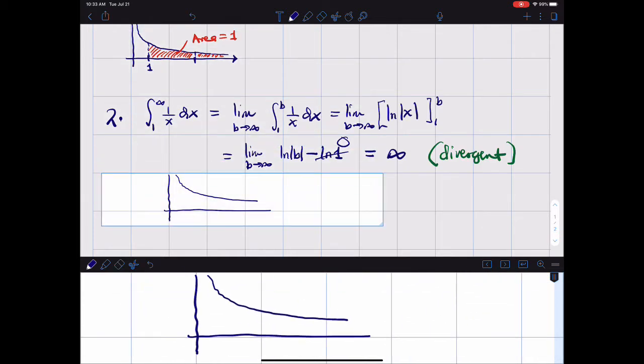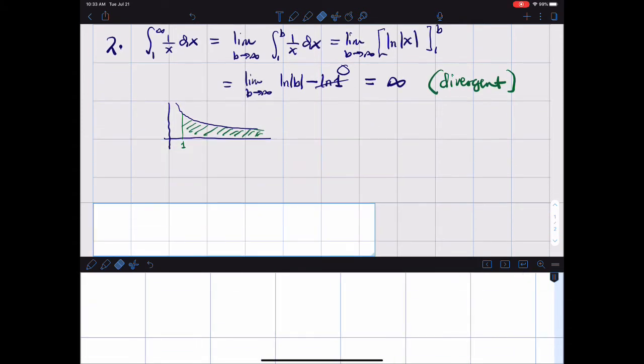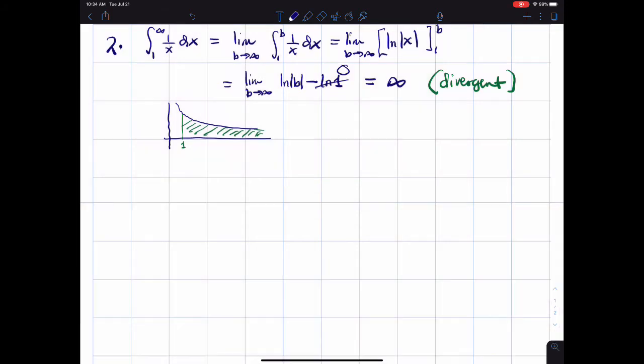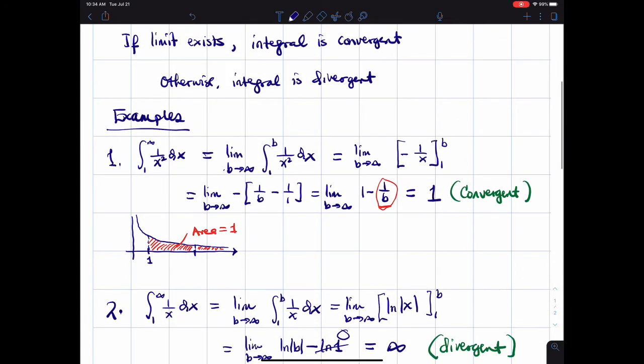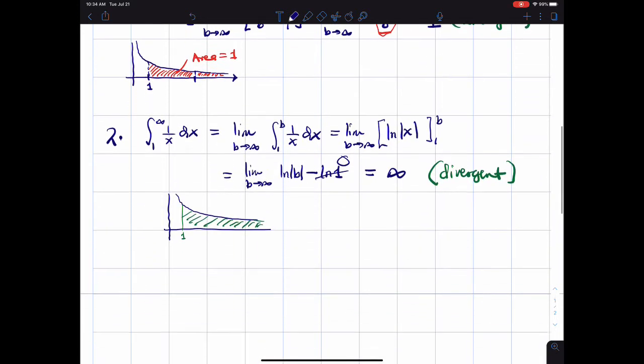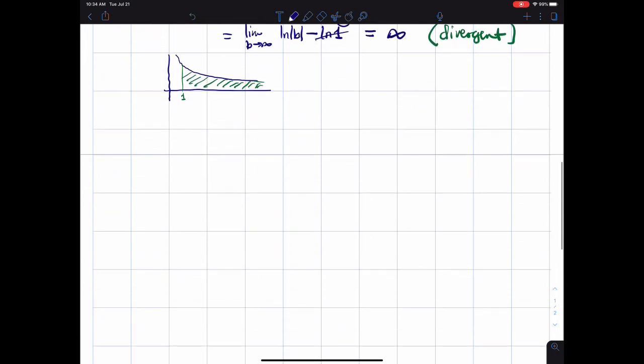Still, I think it's amazing that when you add up the area from 1 to infinity, this goes to infinity, meanwhile that of 1 over x squared goes to 1. So we've seen a convergent improper integral and a divergent improper integral. And again, what makes these two integrals improper? Because one of the limits is infinity. Okay, so let's try another one.